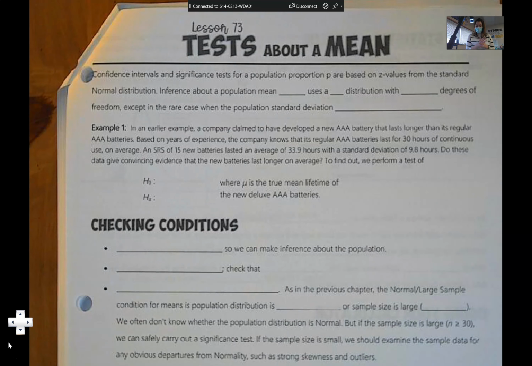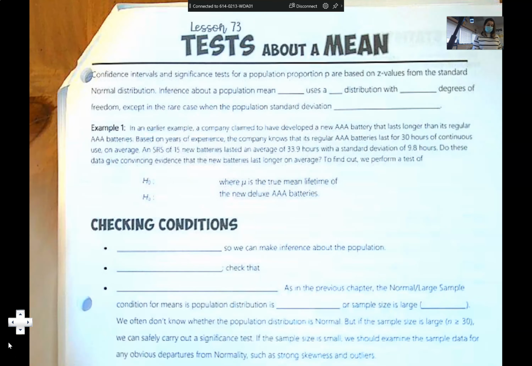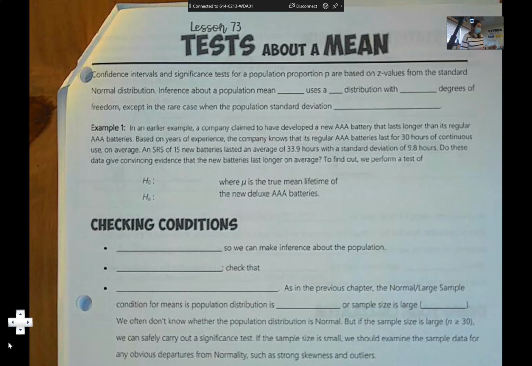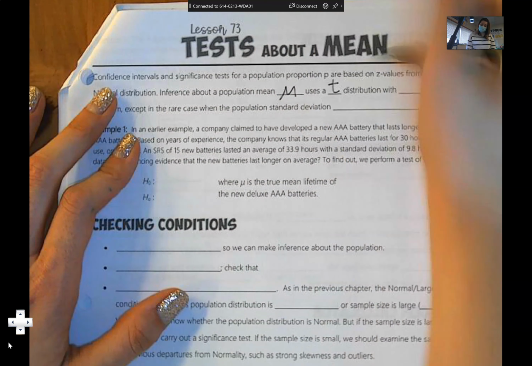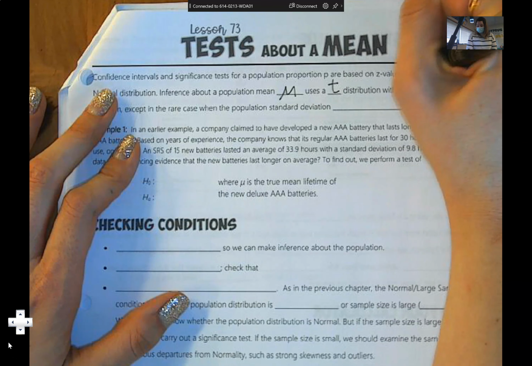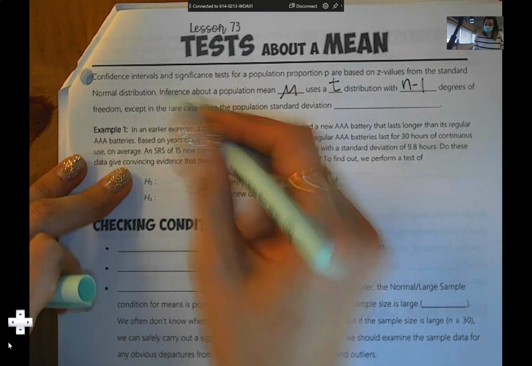Confidence intervals and significance tests for a population proportion p are based on z values from the standard normal distribution. So for our last lesson, we used the purple table. Inference about a mean, mu, uses a t distribution with n minus 1 degrees of freedom.